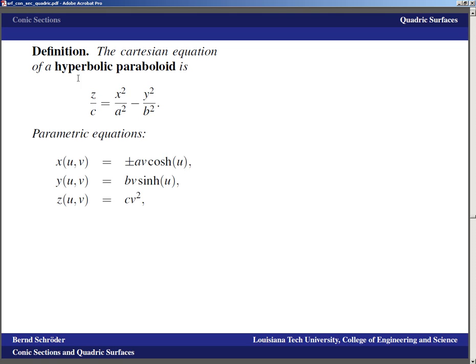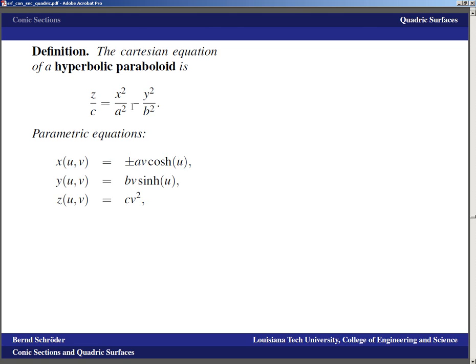Similarly to how we handled the elliptic paraboloids in terms of parametric equations, we could parameterize the horizontal cross-sections with a standard parametrization for a hyperbola, such as plus minus a v hyperbolic cosine u for x and b v hyperbolic sine u for y.